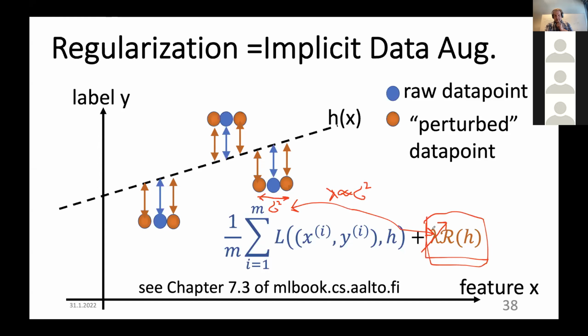So the larger the lambda, the stronger the noise that you use for data augmentation. And here you see already, when you use a very large lambda, you basically augment your original data points by many widely spread augmented data points, which forces the learned hypothesis to be horizontal, basically, because this augmented data set is aligned on a horizontal line.